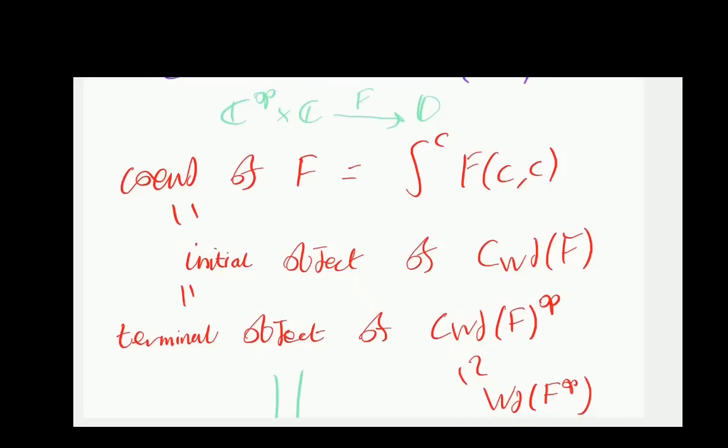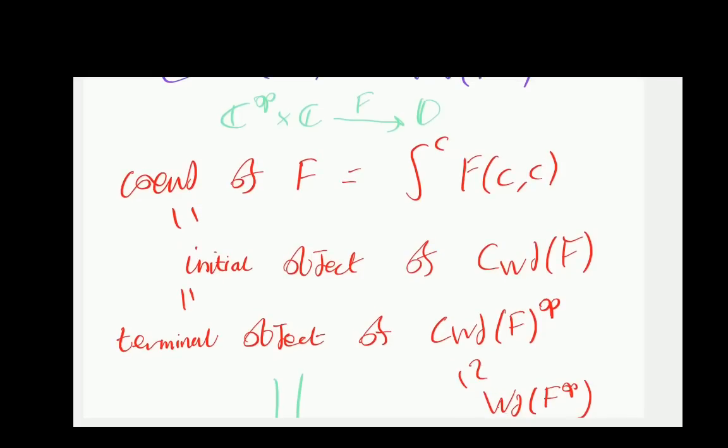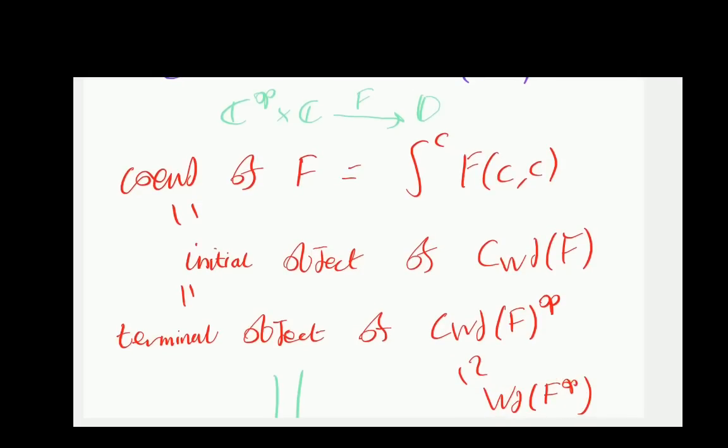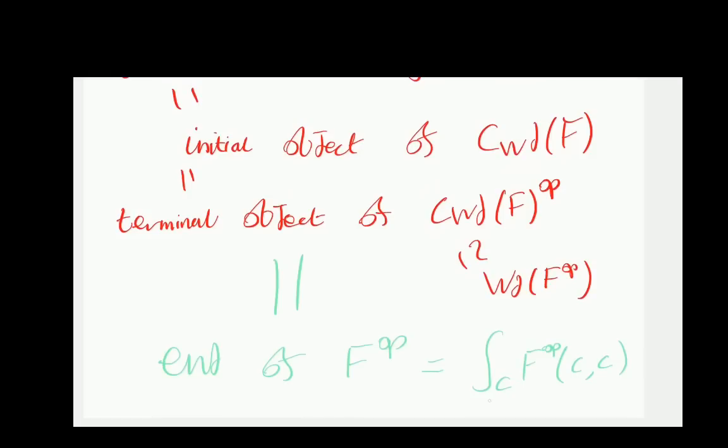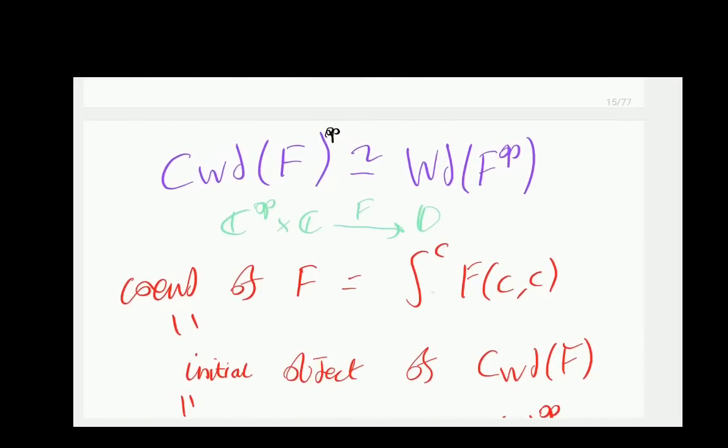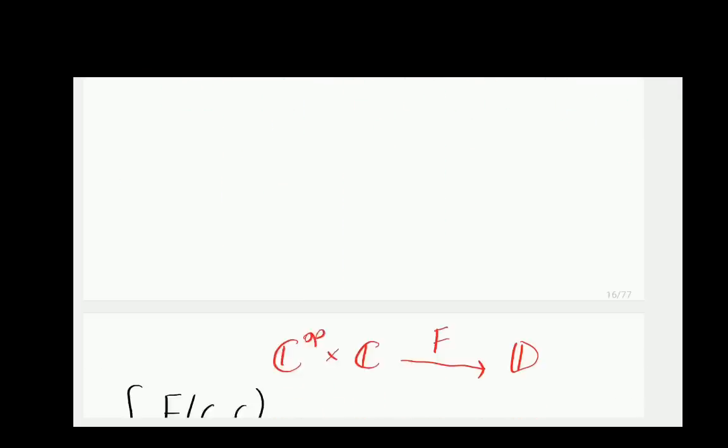So this is also going to be a terminal object in the category of wedges of F op. And that's just an end of F op, which is like this. So we've got this formula now. This thing here is the same as this thing here. So we can swap between our expressions for ends and coends.